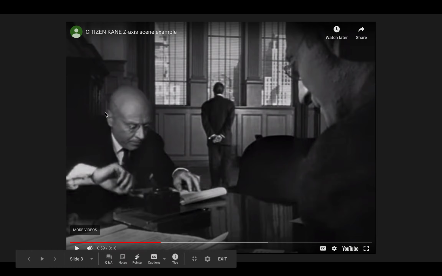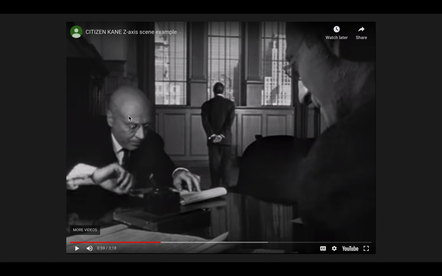We have Mr. Thatcher, who is occupying the left third, like he was before. And so the visual weight here is balanced between these two characters in the foreground. And then it's also balanced in the background with Charlie, who's directly in the center.